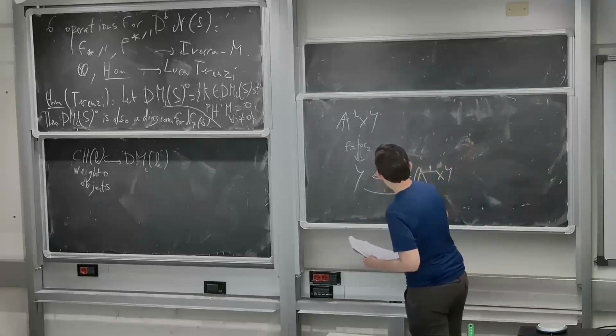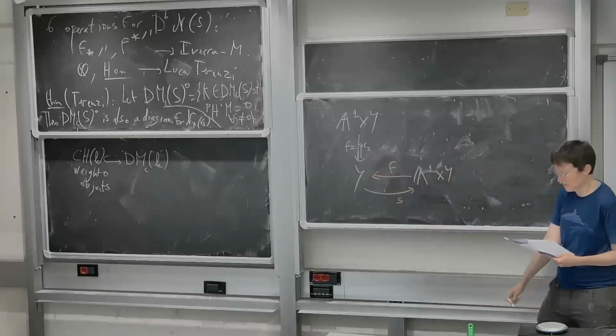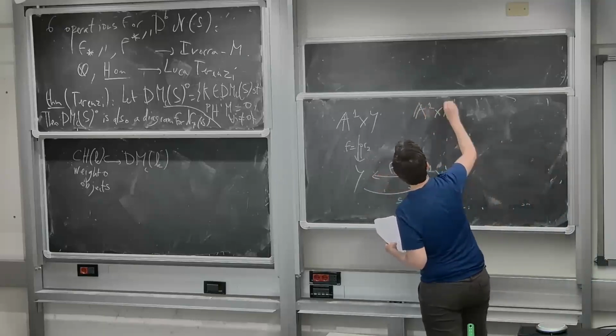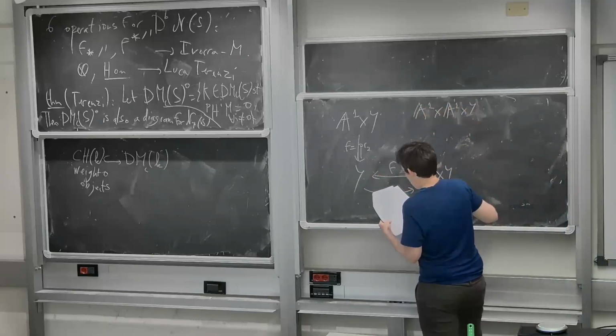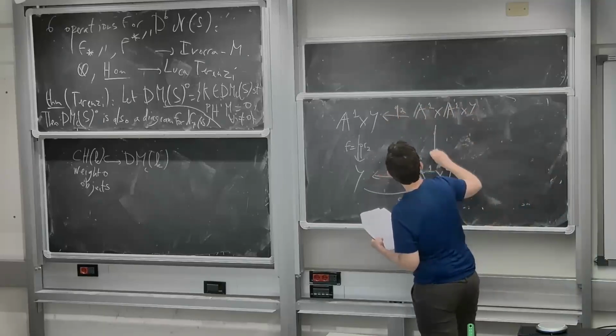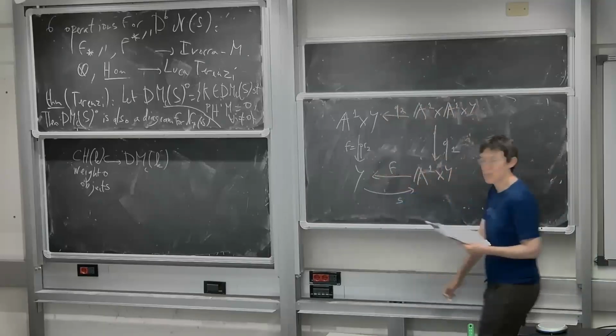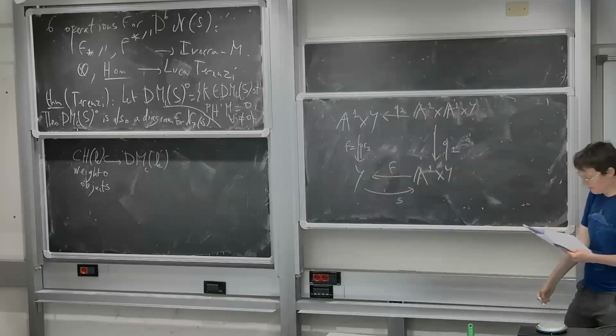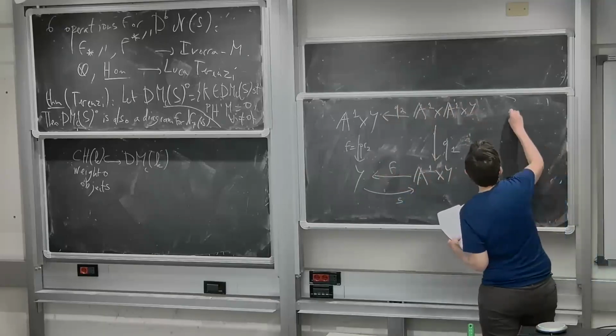And here I have the section, the zero section, for example. And here, let's take A1 plus A1 plus Y. Here I put the second projection. Here I put the first projection. So this is referring to the A1 factor. Okay.